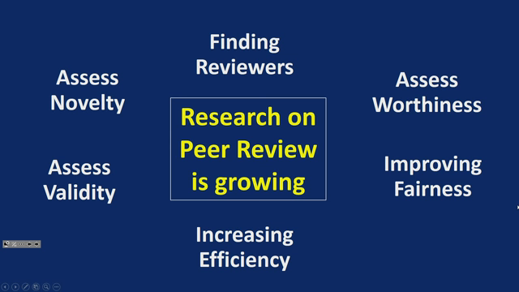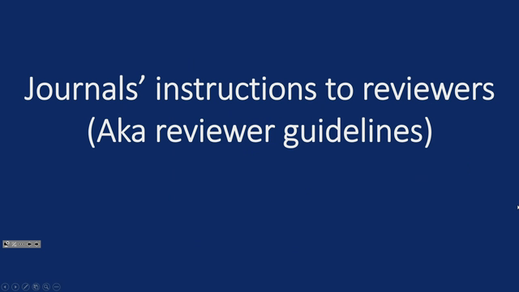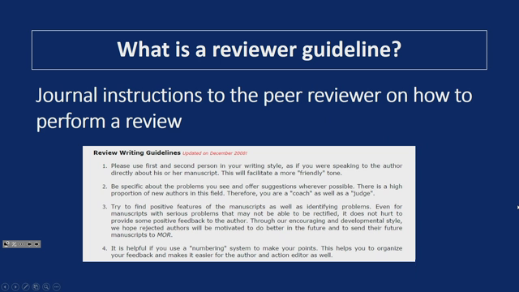Now move to the second part of the lesson, where we examine the journal instructions to reviewers, also known as reviewer guidelines. What are reviewer guidelines physically? How do they look? They are instructions to the peer reviewers on how to perform a peer review.